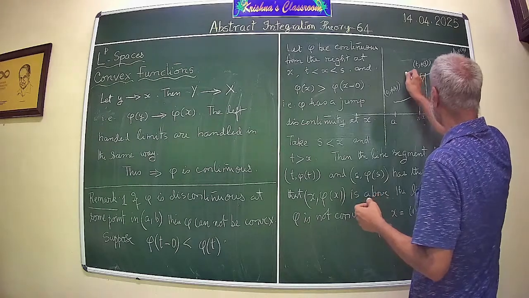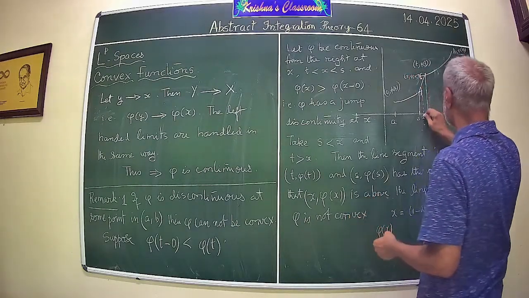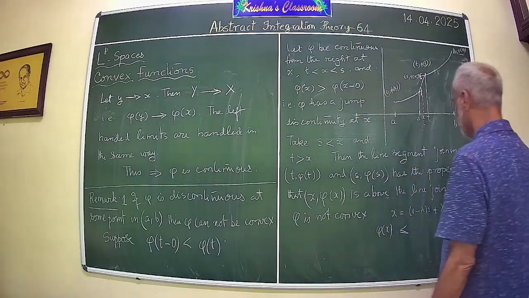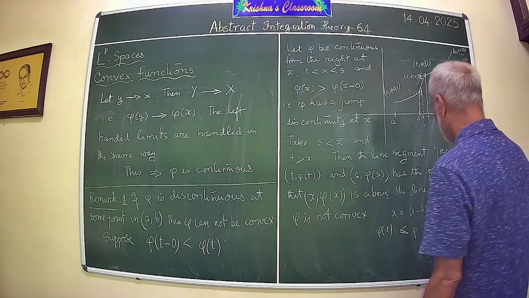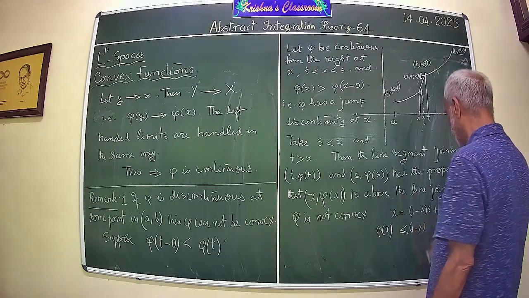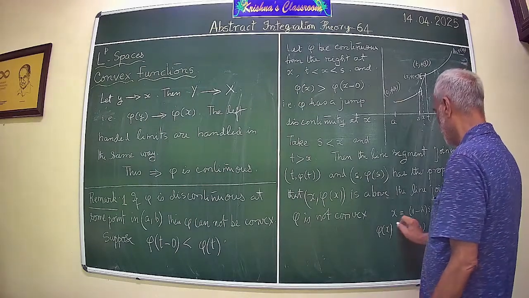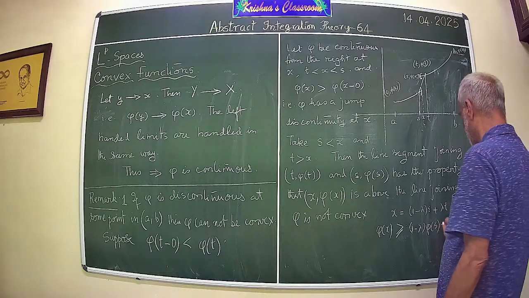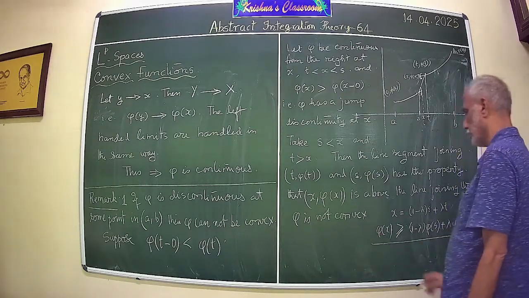This is the point x, phi x. Then phi x is less than or equal to the line value, therefore it is clearly not convex.